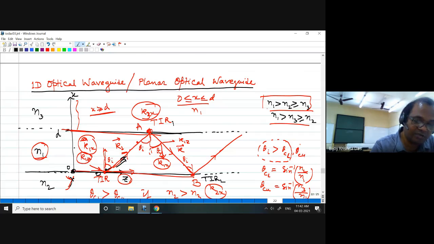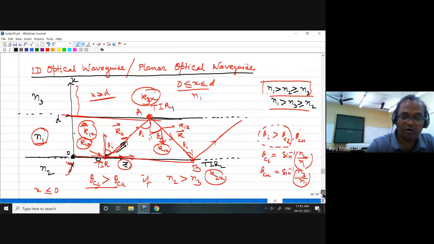So you have one total internal reflection at A and another total internal reflection at B, and only then do you complete the round trip. So for a round trip, you need one time going in the x direction up to d, coming back another d, and then two total internal reflections at points like A and B.